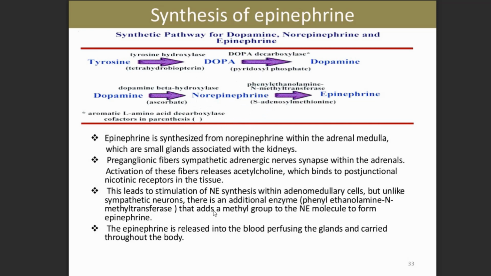But unlike the sympathetic nerve, there is an additional enzyme called phenylethanolamine N-methyltransferase that will add a methyl group to norepinephrine to form epinephrine. So what is this enzyme doing? It is adding a methyl group to the norepinephrine, so it is converted into epinephrine.